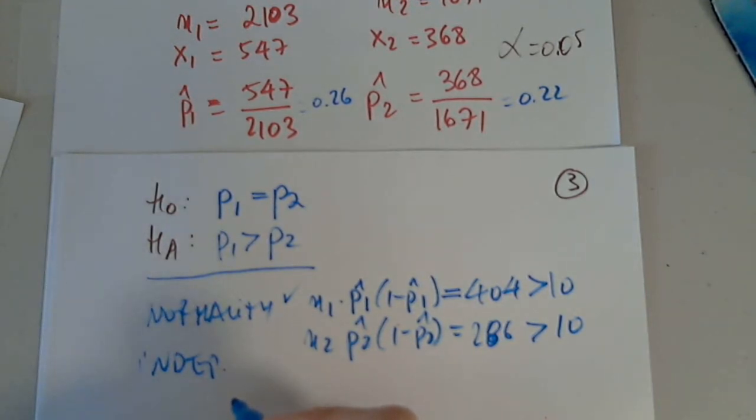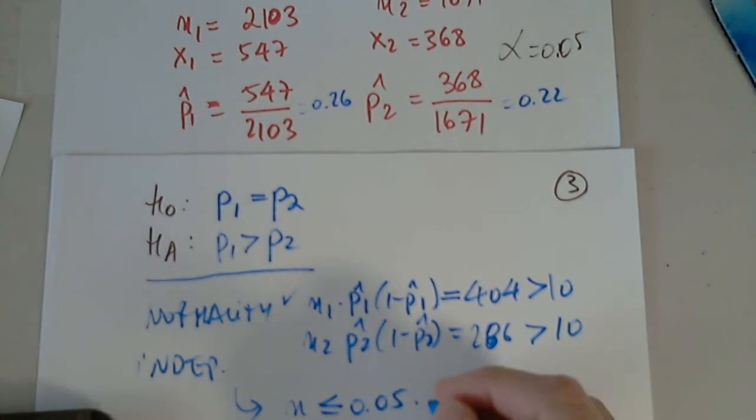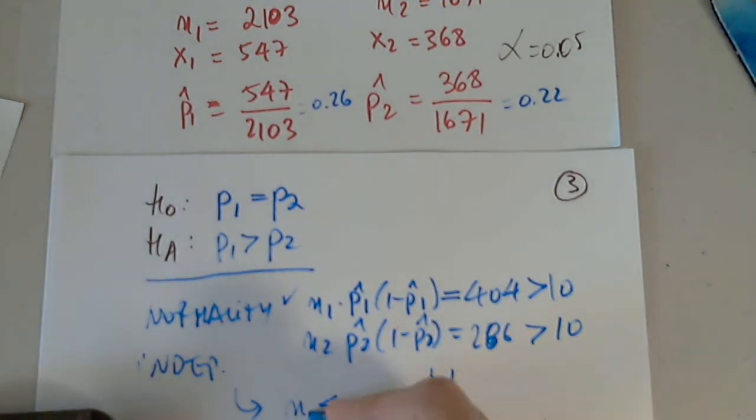Now the independence. We already are told that 10 million. So obviously, in this particular case, N is less than or equal to 0.05 multiplied by the entire population, so the N1 as well as N2.